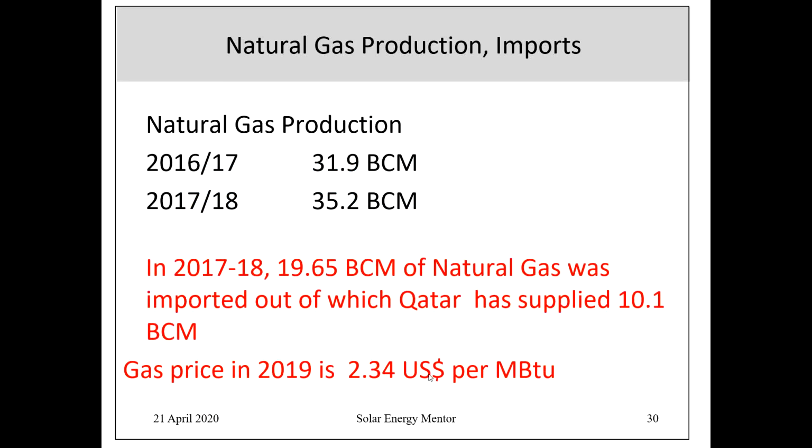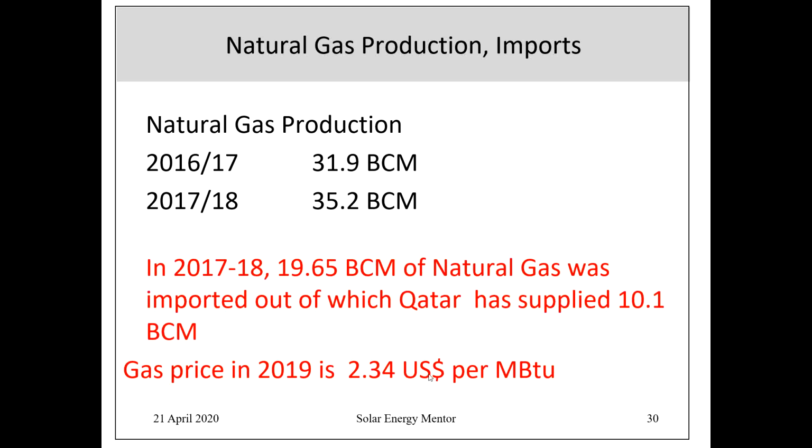At the Indian level, natural gas production and imports: in 2016-17 we produced 31.9 billion cubic meters of gas, and in 2017-18 it was 35.2. There was some increase, 1.1 or 1.2% increase in production.